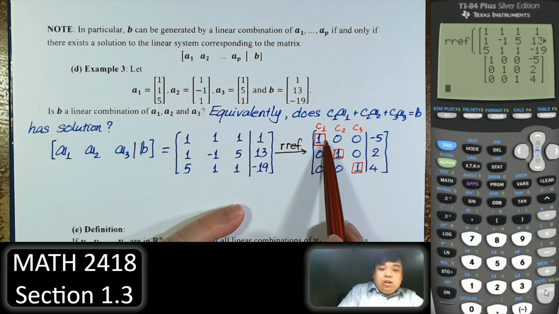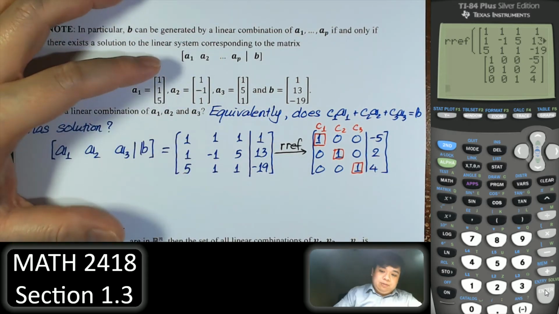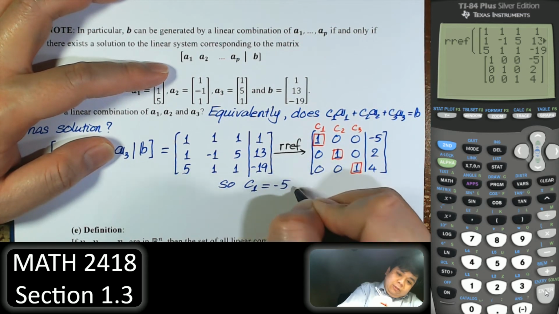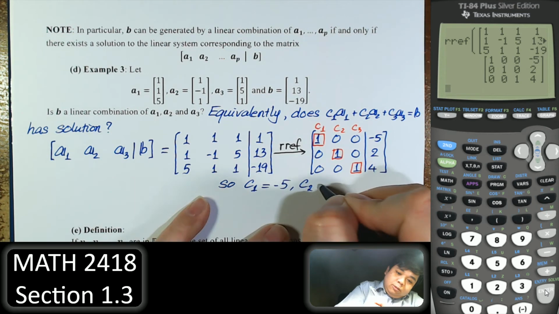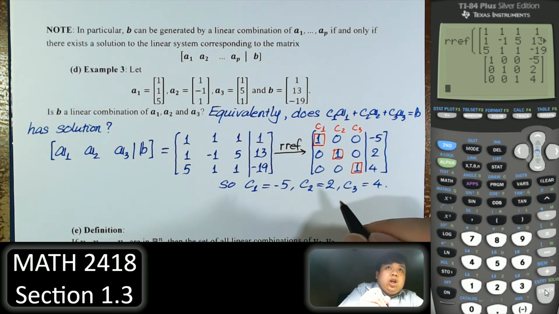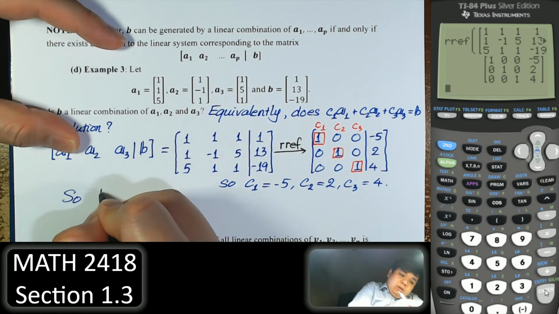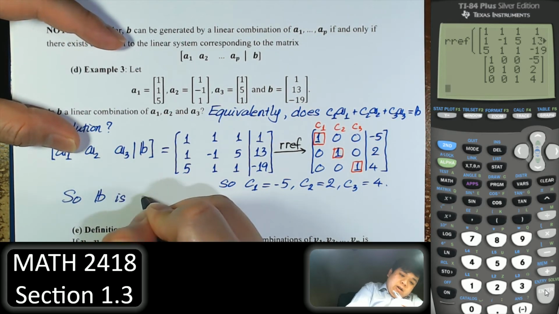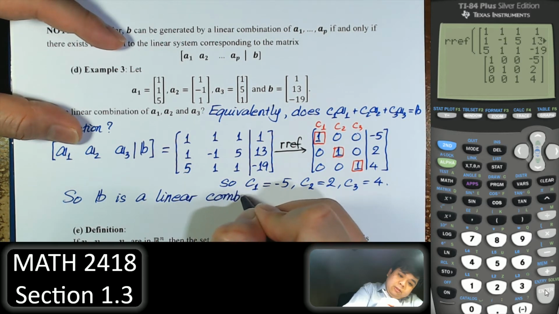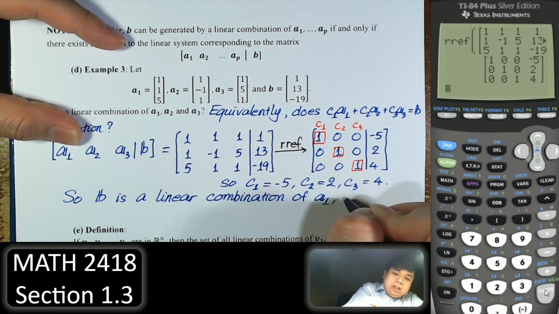So this equation, C1 equal to negative 5, C2 equal to 2, and C3 equal to 4. Because it has a solution, we say B is a linear combination of A1, A2, and A3.